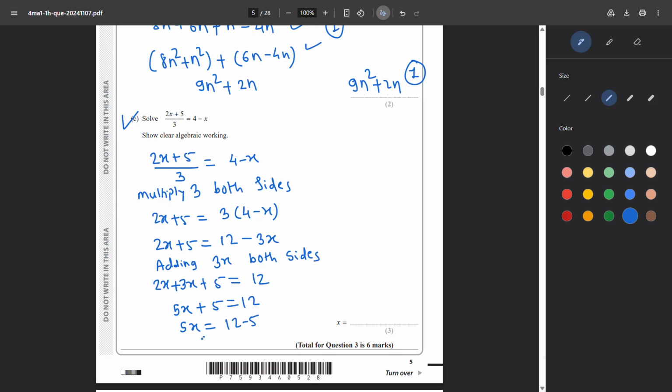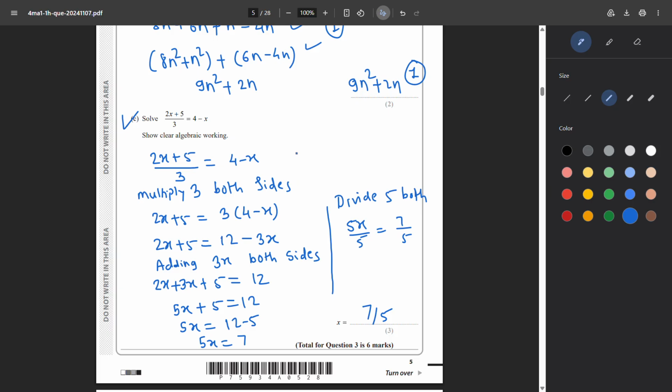So 5x is equal to 7. And after this, divide by 5 on both sides. You will get 5x over 5 is equal to 7 over 5. So 5 gets cancelled, and you will get x is equal to 7 over 5.